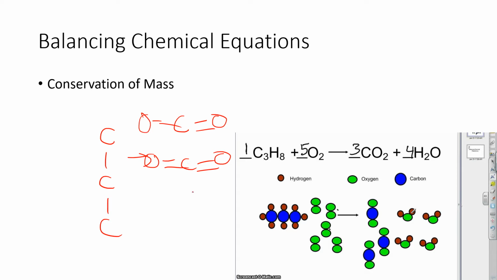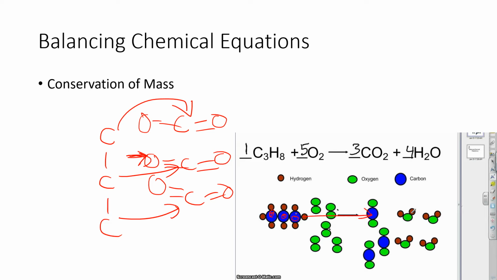Okay, this is carbon dioxide. Do you sort of see? Each of these carbons on the propane molecule will go to make an individual carbon dioxide. And that's why we have 3 carbon dioxides. For every propane molecule, we have 3 carbon dioxide molecules.